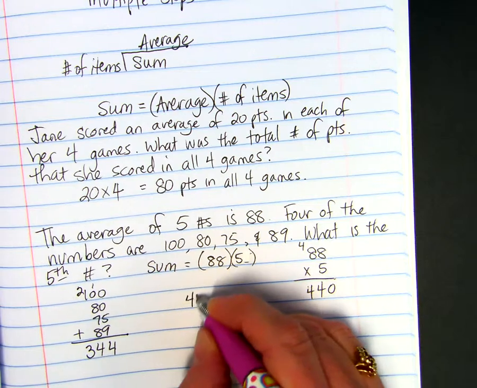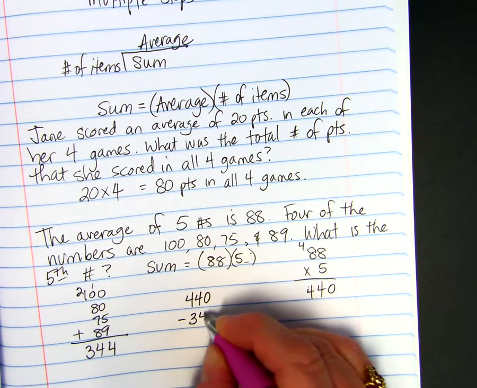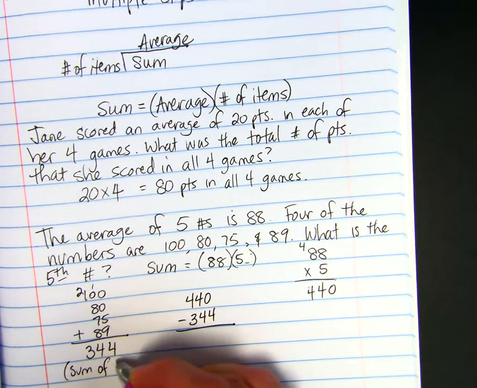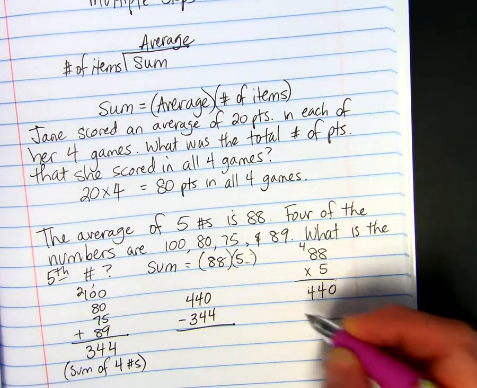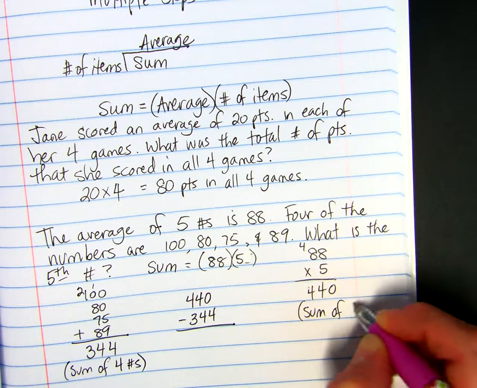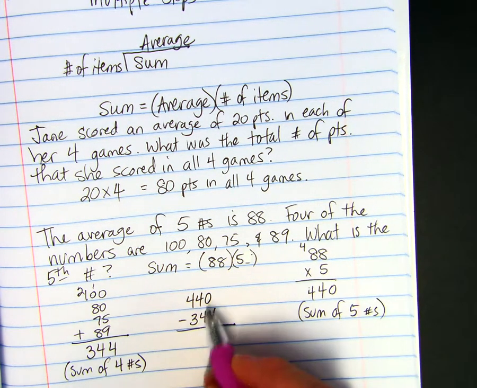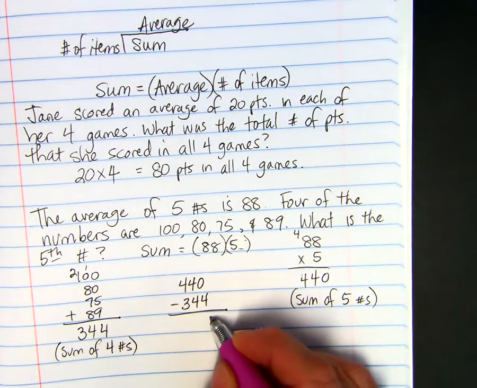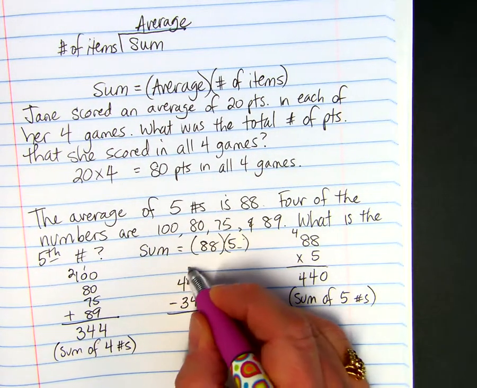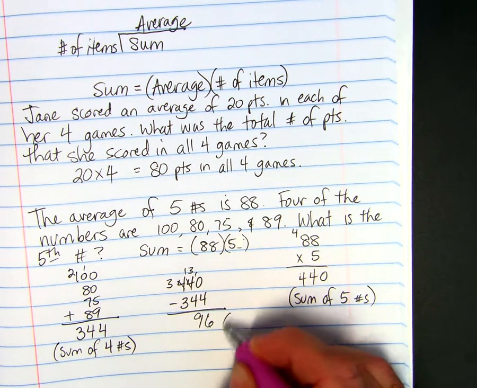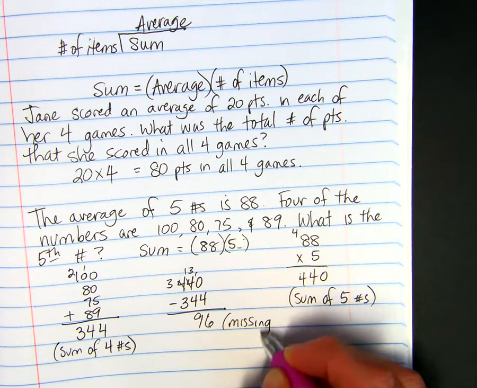So to find the 5th number, we can subtract. So this is the sum of 4 numbers. This is the sum of 5 numbers. So to find the 5th number, we're going to subtract. And we get 96. And that's the missing number.